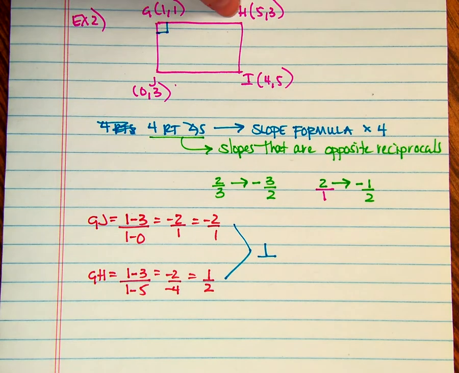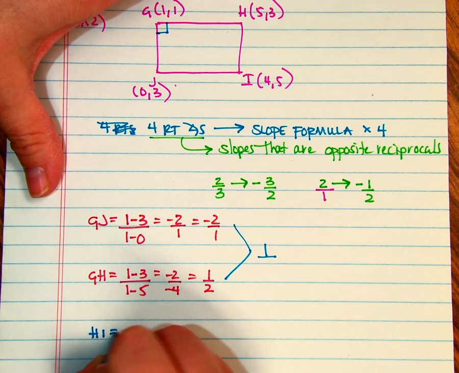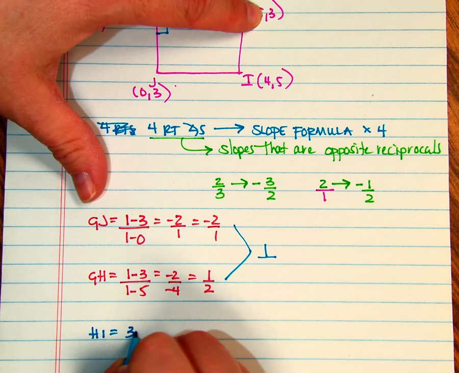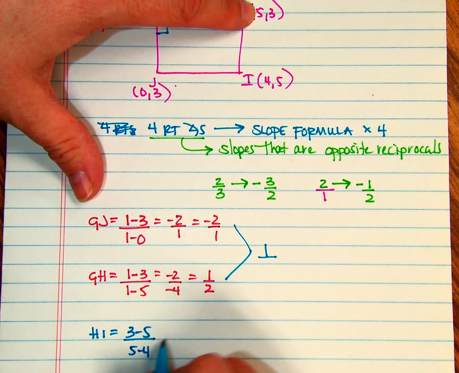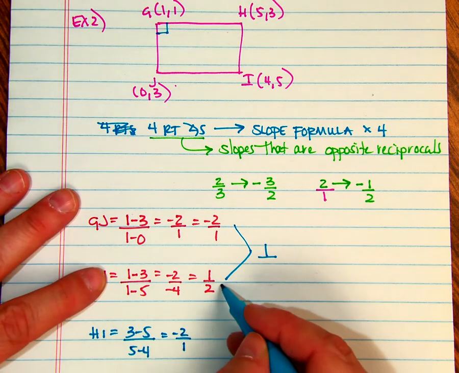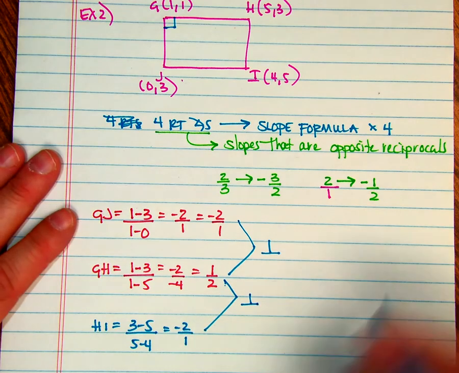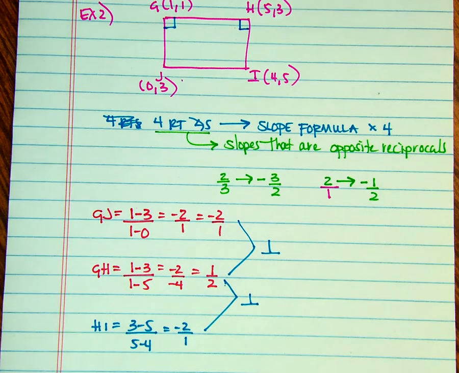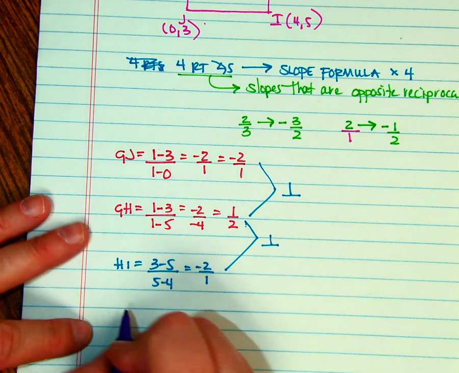Let's do that again for HI. Change in y means 3 minus 5 over 5 minus 4, which gives me -2 over 1. Notice these are also opposite reciprocals, so those are also perpendicular. And I'm going to do IJ.